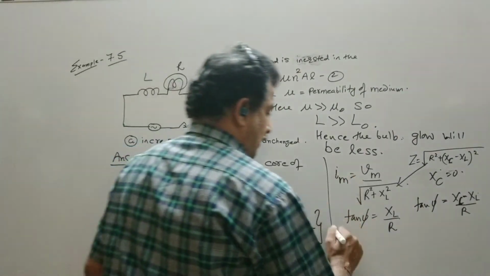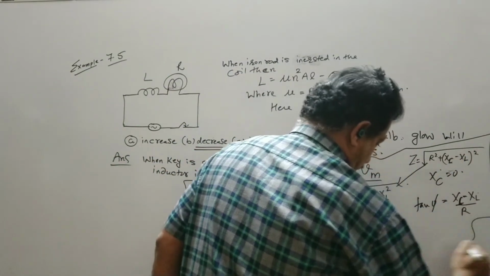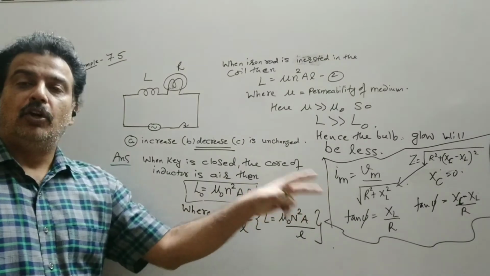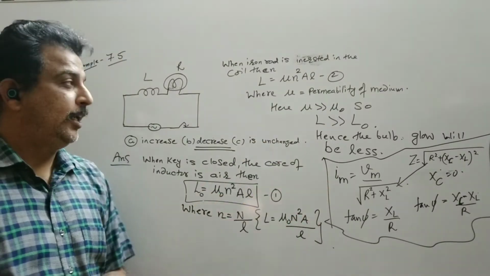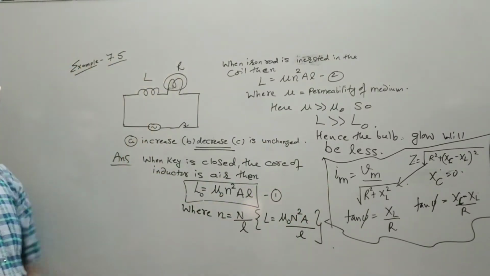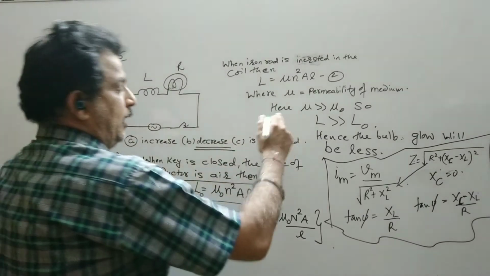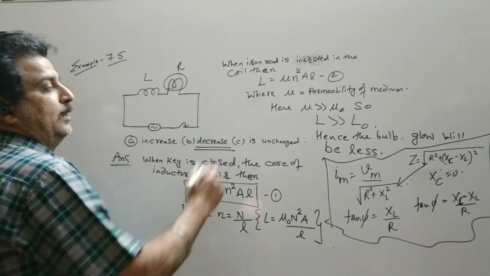So this is an extra thing. If we have a numerical, you can use the equation of series LCR accordingly. Here this circuit is called an LR circuit. So whenever we close a key, the inductance will increase.